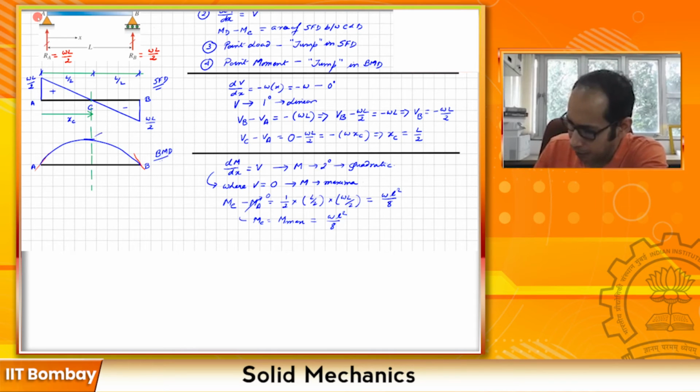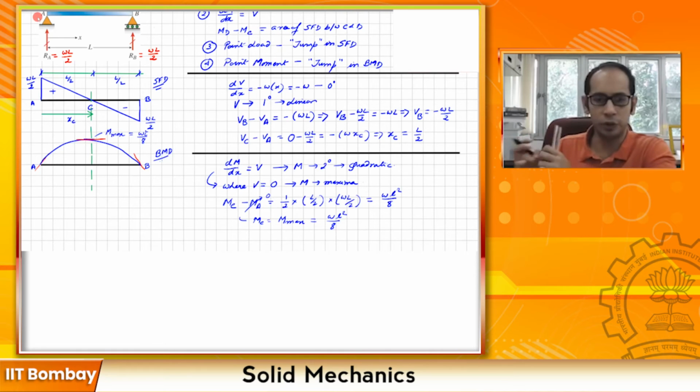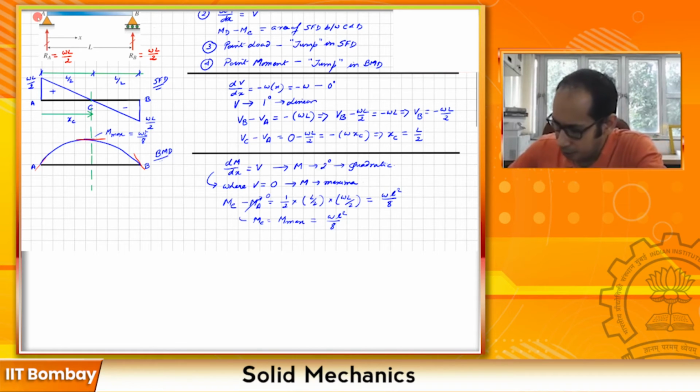So this is the max, which is wL squared over 8, and as you can tell, the slope at this particular point is going to be 0. So M max becomes equal to wL squared by 8.